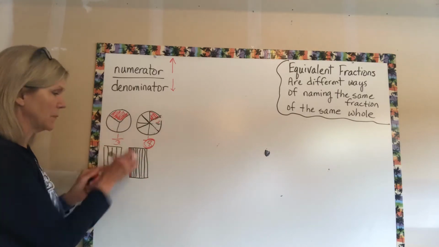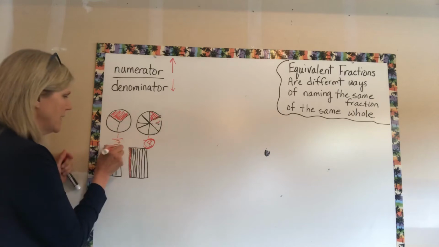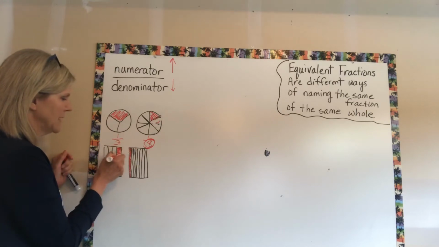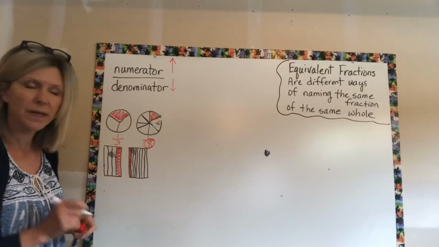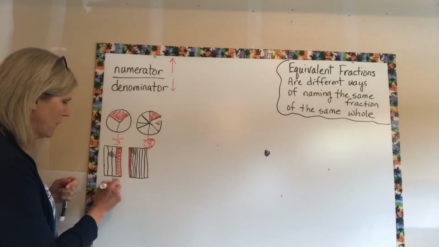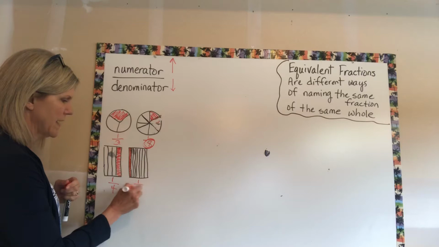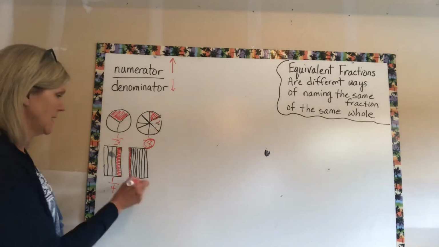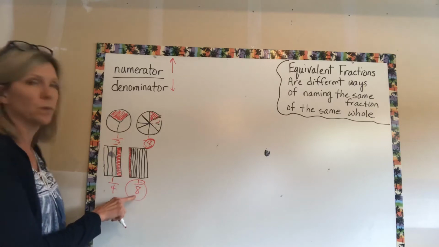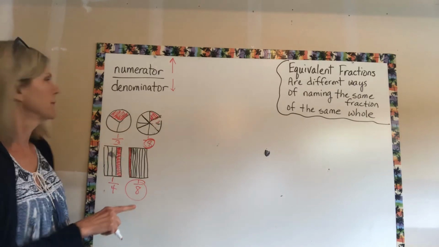Let's say I gave that little piece to Jasmine and then to Sarah, I gave her this 1 out of 4 pieces. So this is 1 out of 4. This is 1 out of 8. Which piece is smaller? Yes, it's the 1/8, the one with the bigger denominator.